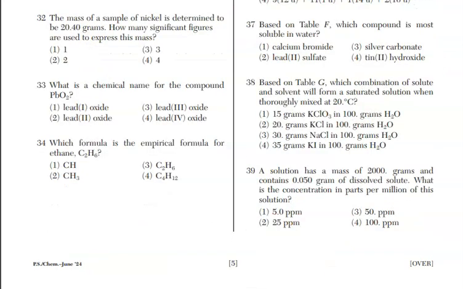For question 37, based on Table F, which compound is most soluble in water? Reference Table F is an interesting table. You either have a soluble compound or an insoluble compound. All we need to do is take these 4 choices and see which one is different than the others.